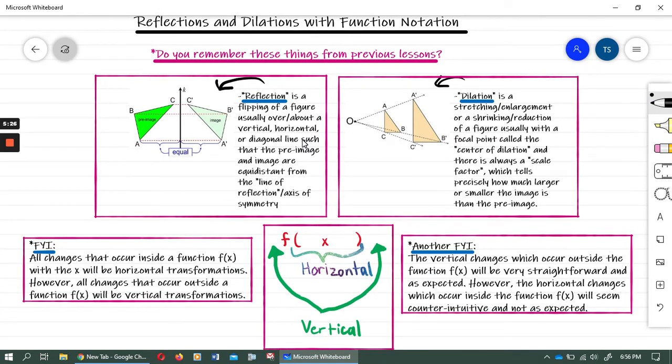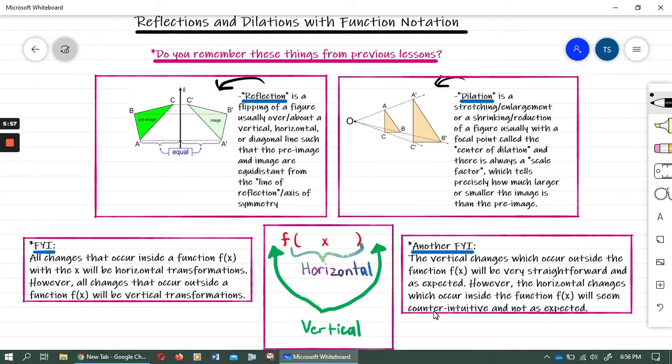Okay, and so that's what we're going to focus on first. What's the difference between when you're doing translations and when you're doing a reflection or a dilation? With translations, you were adding and subtracting numbers either inside or outside of the function.